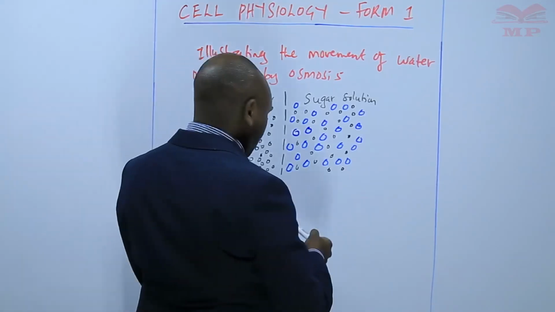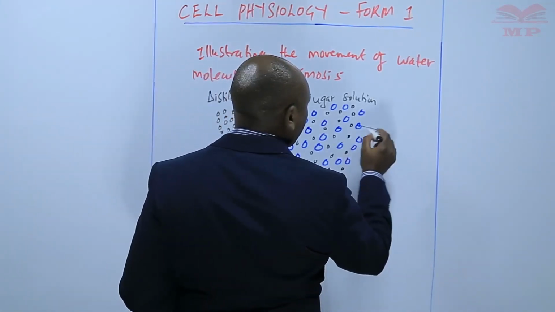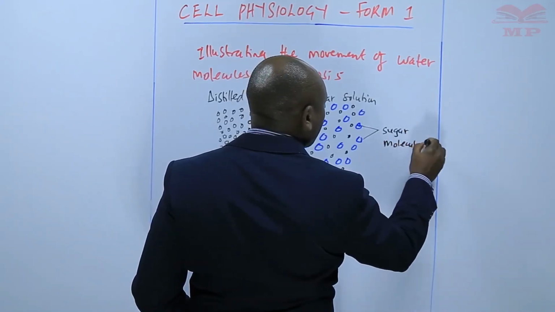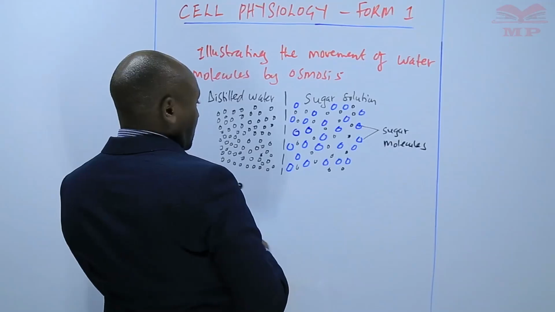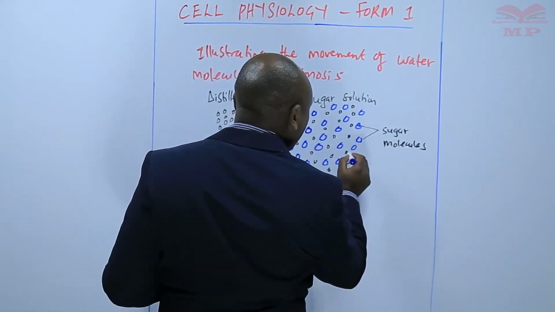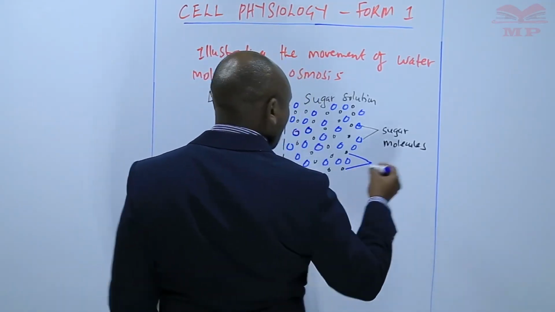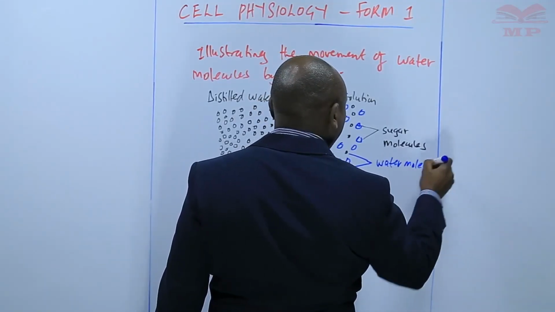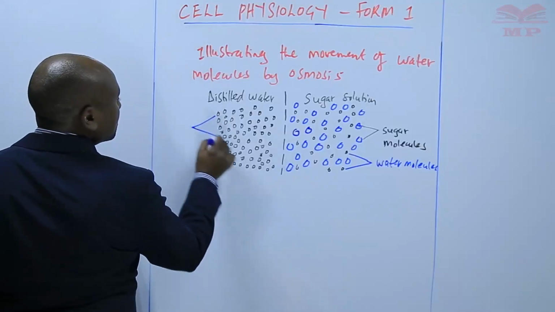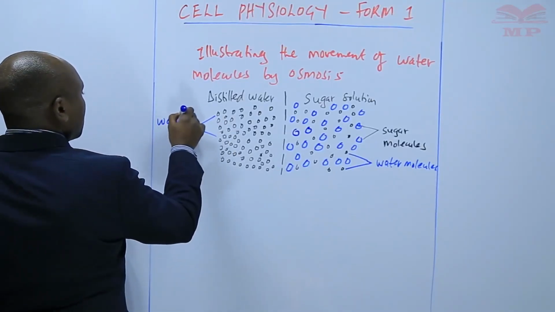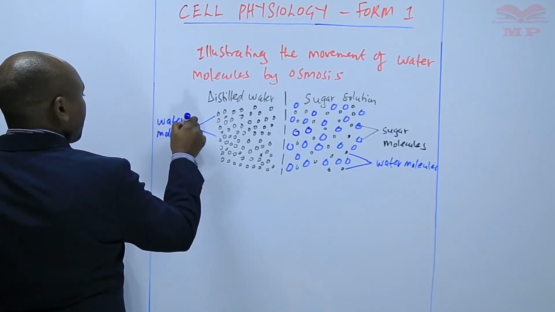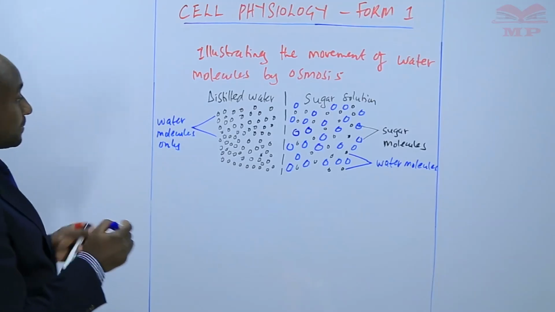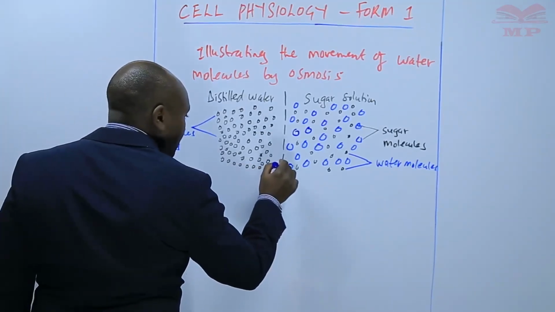So we have those are sugar molecules. And then these are water molecules, the small ones. On this side, we only have water molecules. And then they are separated.